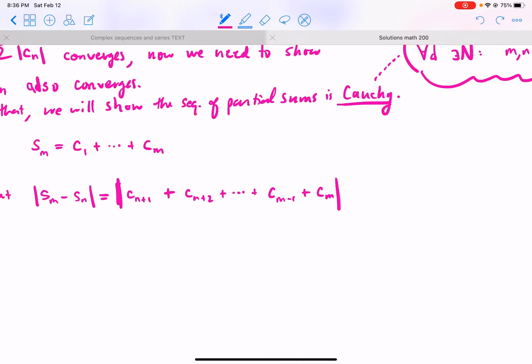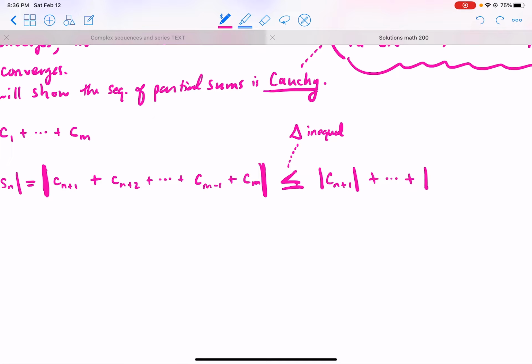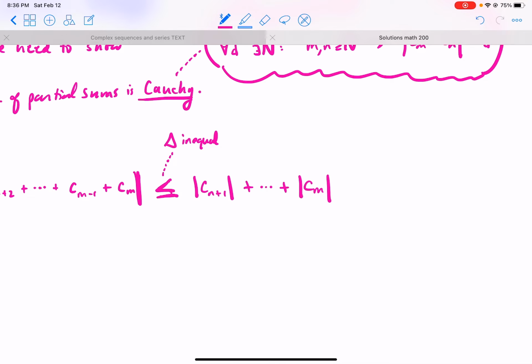But now, look at this. We have the absolute value of a sum, but by the triangle inequality, this is less than or equal to the sum of the absolute values, all the way up to the mth term. And now here's my claim.